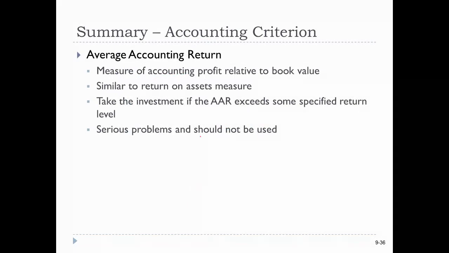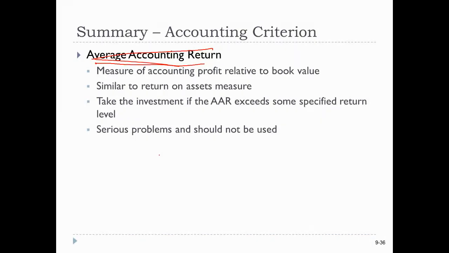The book does another one called Average Accounting Return. Not worth spending much time on that. It is based on project attributes other than the cash flow, measures of accounting profit and book value.